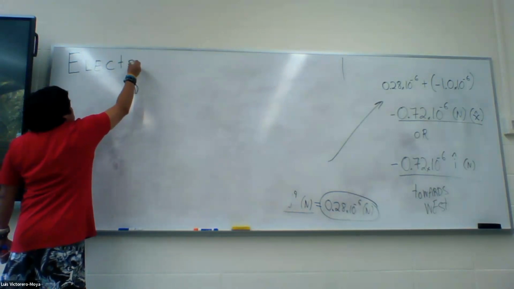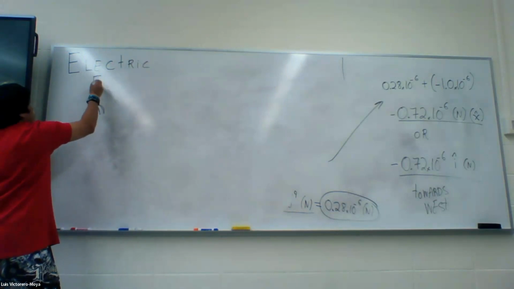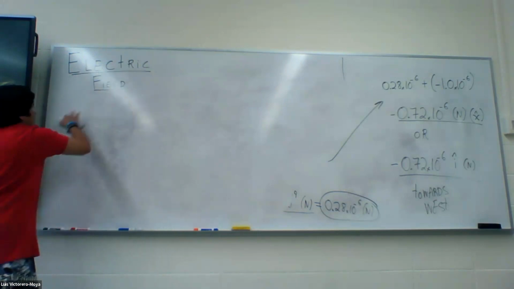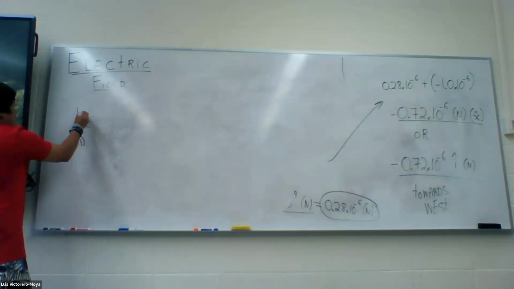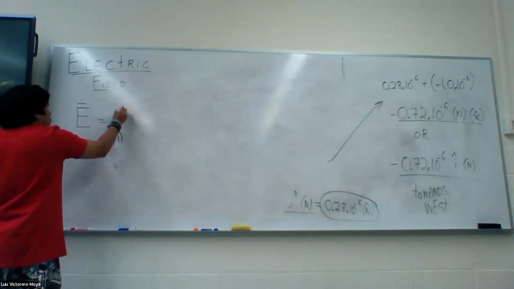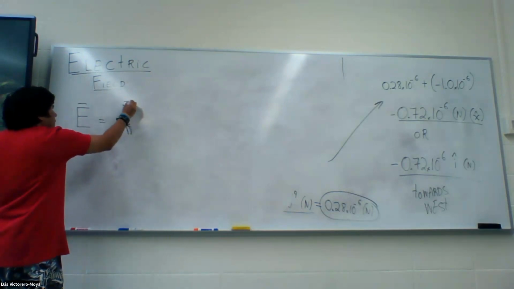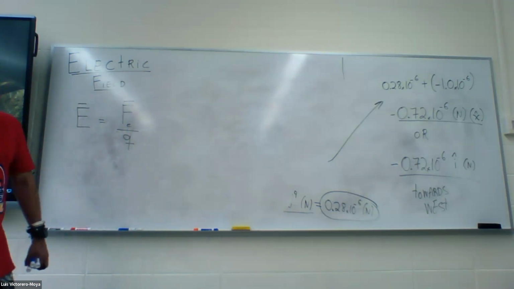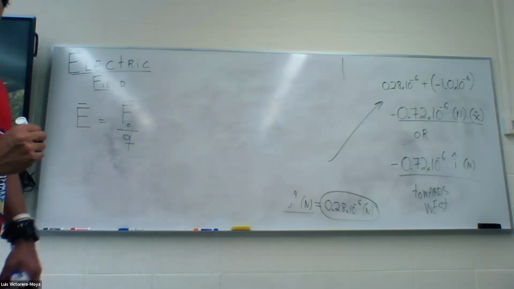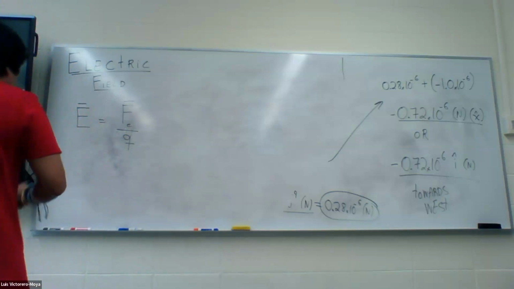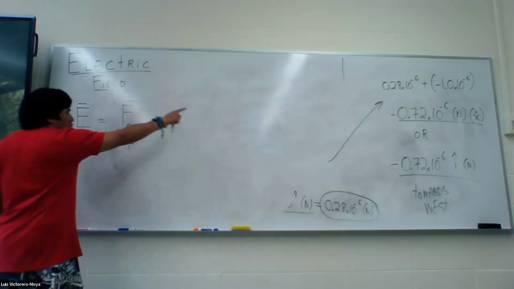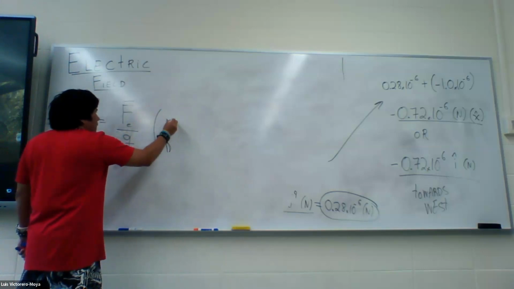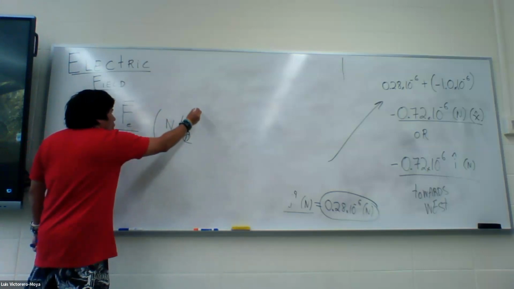So you have electric field, and it's labeled as E vector equals the electrostatic force divided by a test charge Q. So the electric field is the value of the force per unit charge. The force is in newtons, the charge is in coulombs, which gives you an overall unit for electric field of newtons per coulomb.